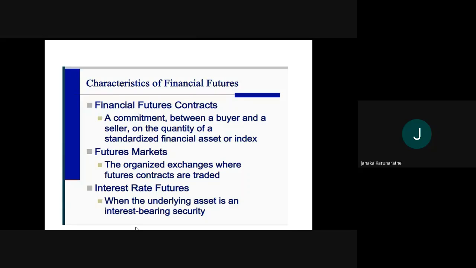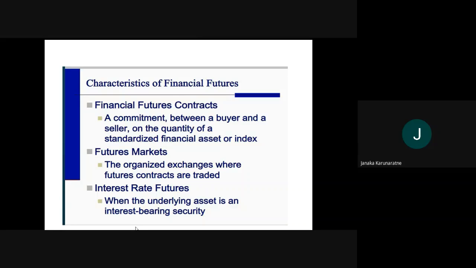The futures contracts are standardized contracts. You see the wording, quantity of a standardized financial asset or index. The futures contract may be on an asset like a stock, gold, or an index, maybe an interest rate related instrument, stock index, whatever you want to hedge and is available in the market.